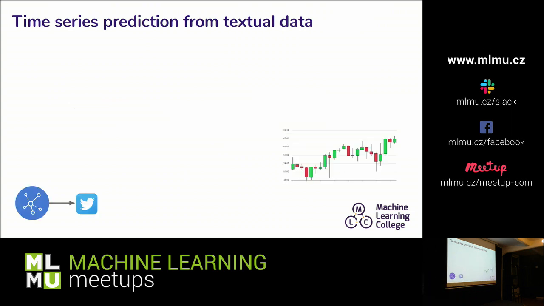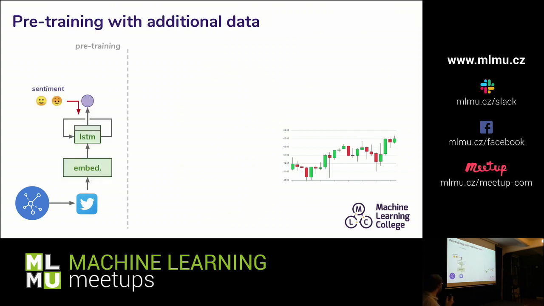First, you're going to do pre-training. As Jirka mentioned, there's a task like sentiment analysis. When you create a model, maybe I will choose word2vec embeddings as a first layer, then stick an LSTM on top to be able to read the whole sentence of a specific tweet. And then I have a database of sentiment labels, so it's positive or negative or neutral, and I will use it as pre-training for my model.